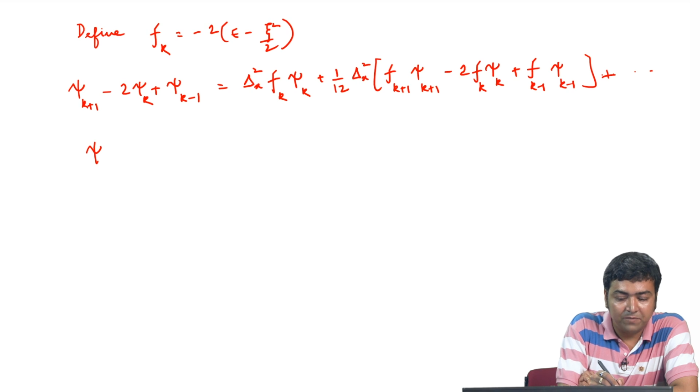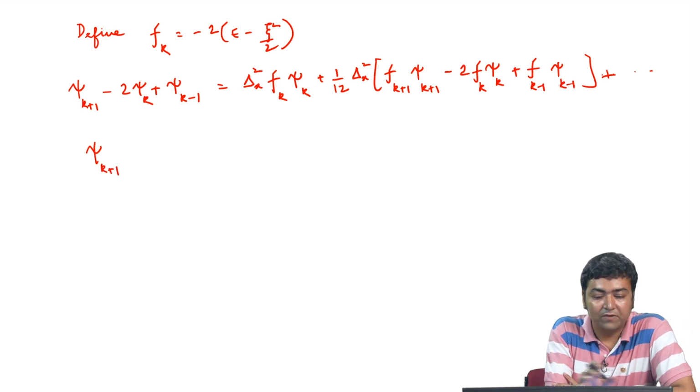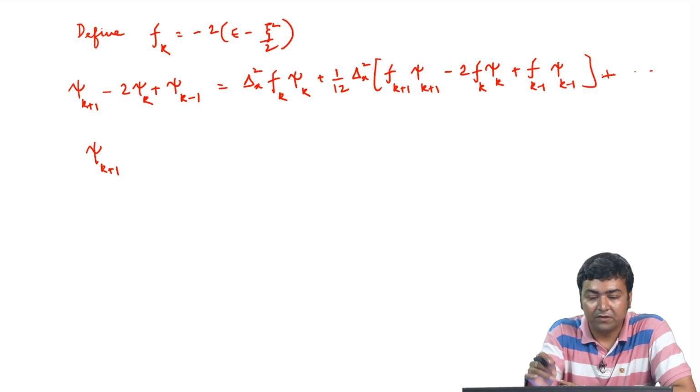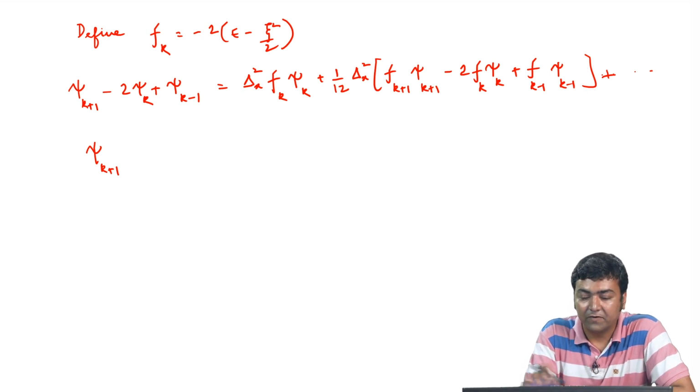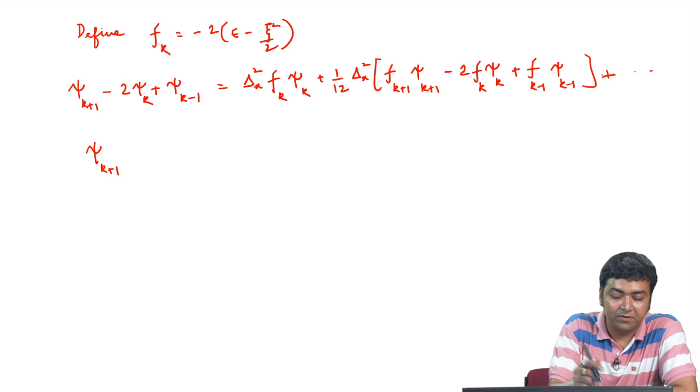Now, what I am interested to know is psi k plus 1. So, I will club all the terms containing psi k plus 1 on the right hand side and bring them to the left hand side.